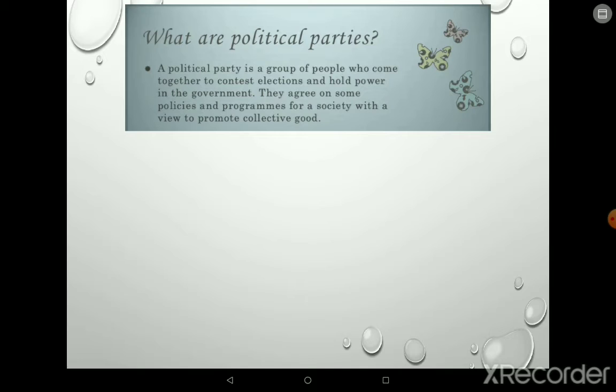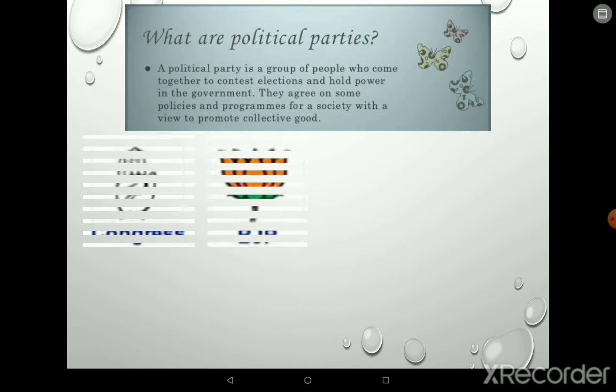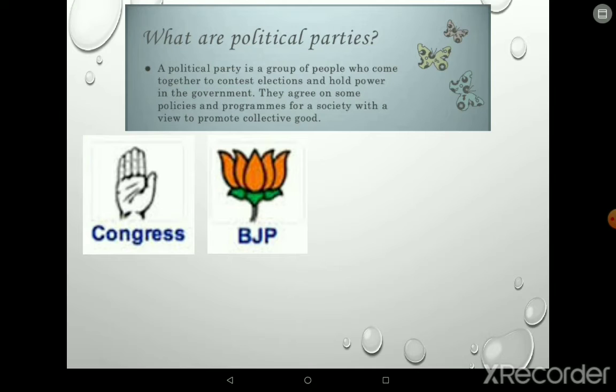Let's see what are political parties. A political party is a group of people who come together to contest election, and they hold the power in the government. The parties that are present in more than 4 states of the country are known as national parties. Here are some examples of national parties of India: Congress, BJP, INC, Indian National Congress.